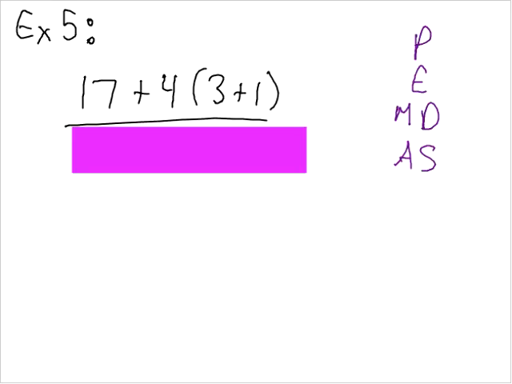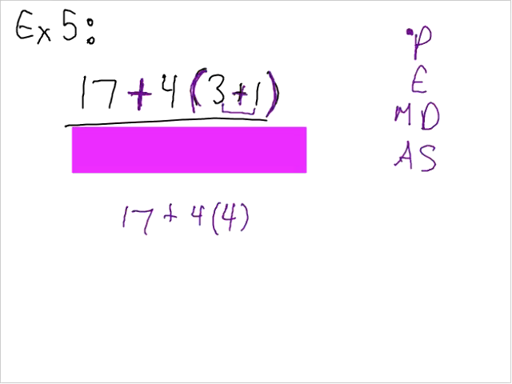Let's all just focus on the top only. Okay, so I have 17 plus, and then I have parentheses, and then I have another plus. So for PEMDAS, what always comes at the very top, the P stands for parentheses. So let's add these together first. 3 plus 1 would be 4. Let's rewrite the rest of the problem.